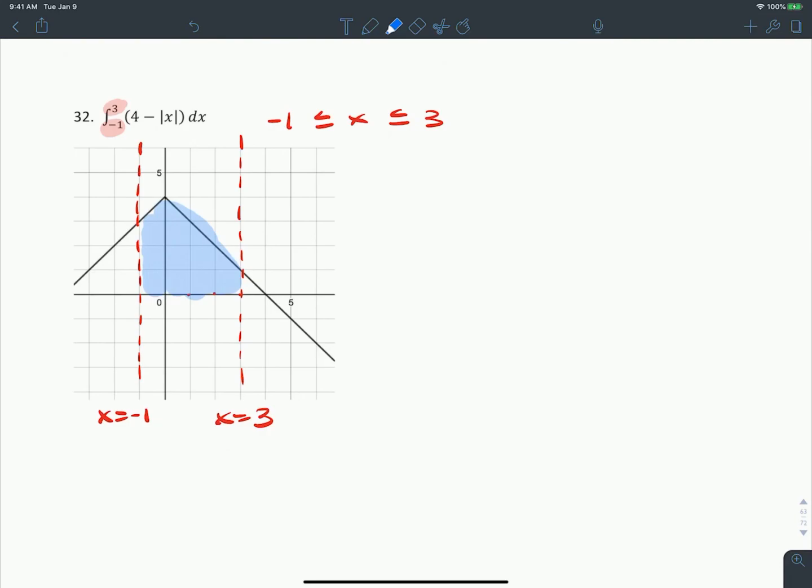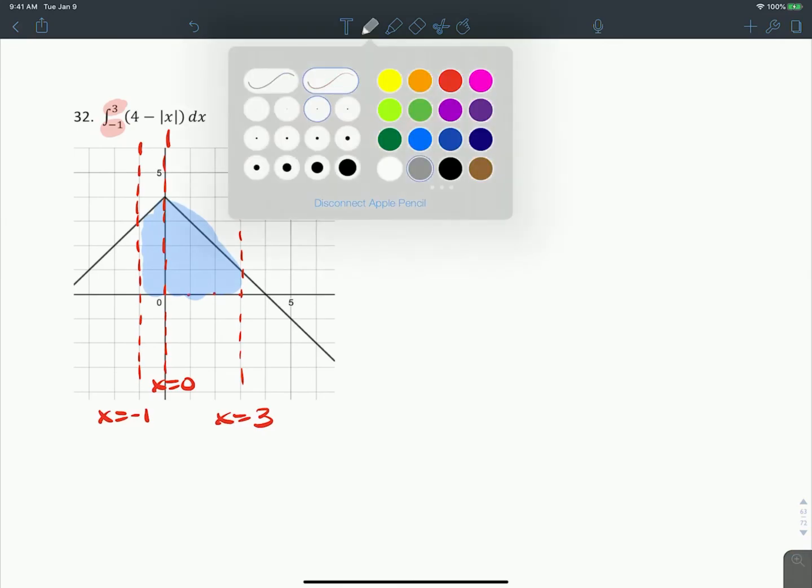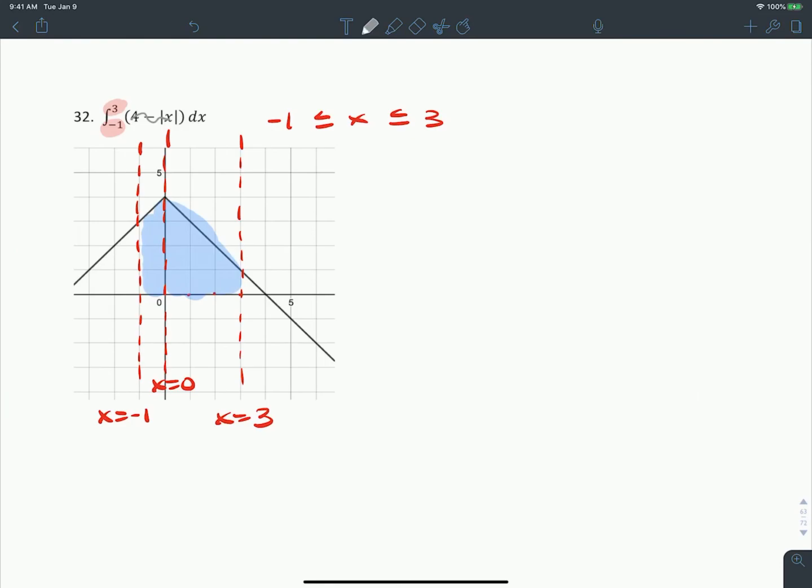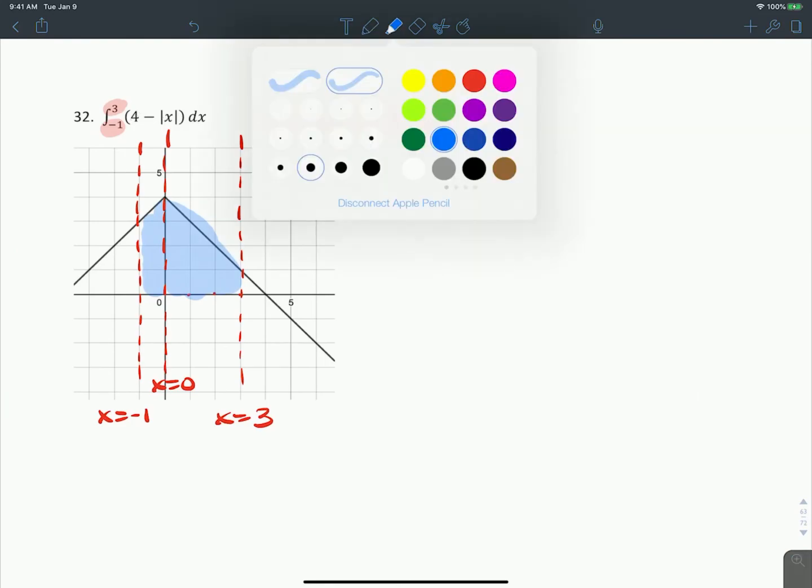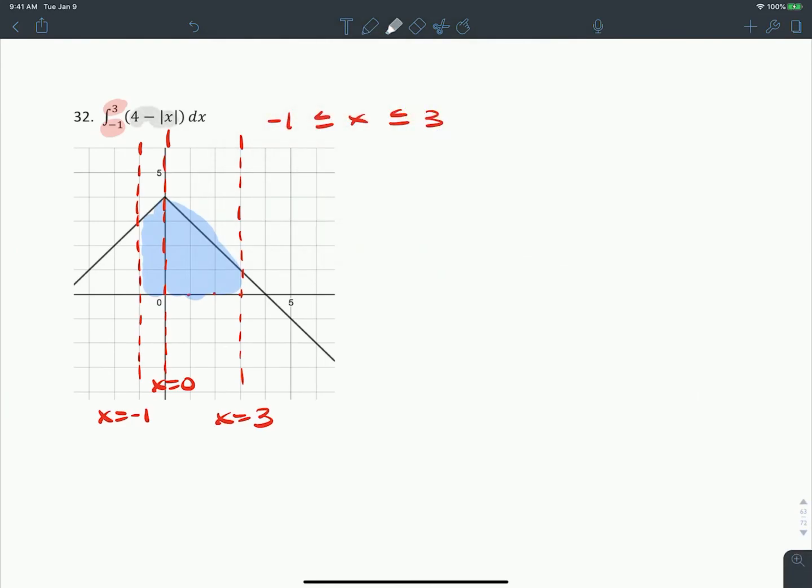And we notice that it's all above the x-axis, so that area is going to be positive. And again, we notice this very special location here, the origin. So we're going to have two integrals, because we notice that we have a piecewise situation. This is piecewise.